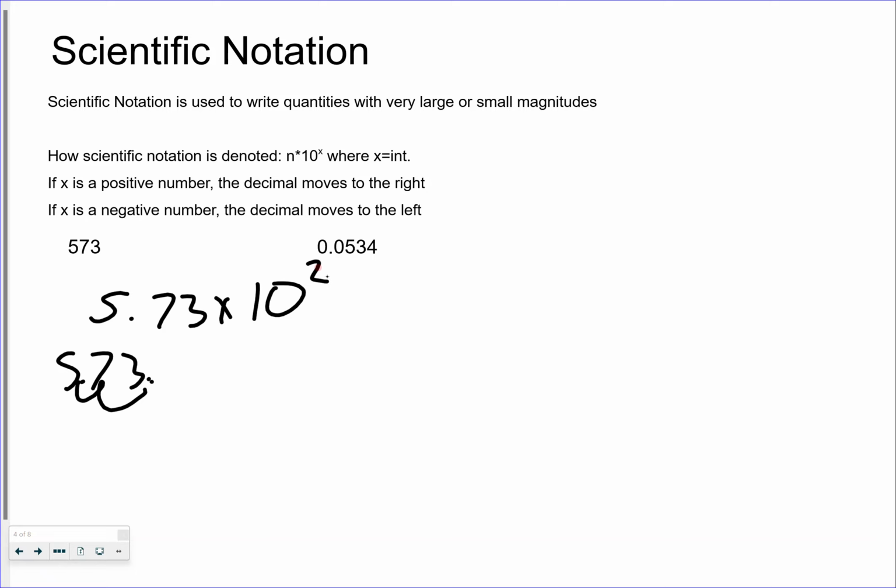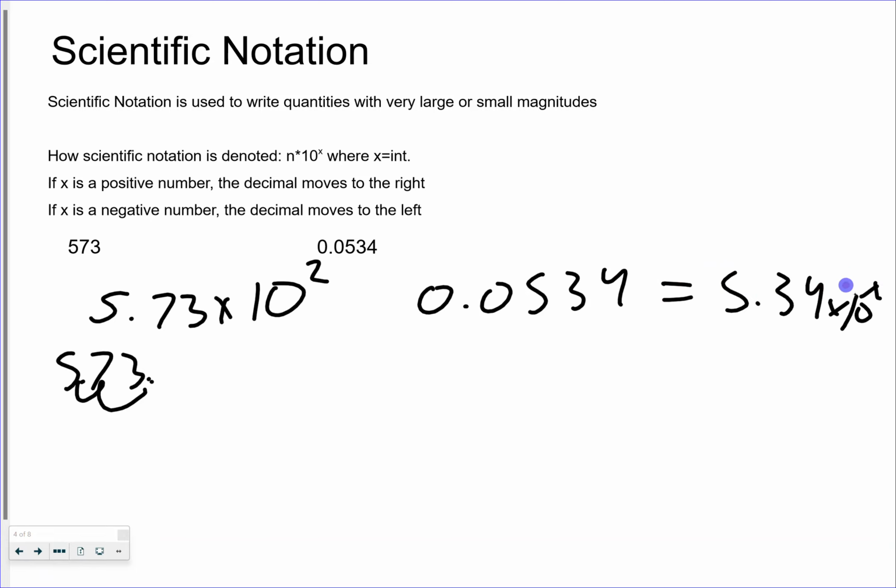Now, the way I like to think about putting numbers in scientific notation, I think about it algebraically. Instead of moving the decimal points, I just do it that way. I might be weird for it, but it might help some people. So in my mind, I think 0.0534 is equal to 5.34 times 10 to the x.